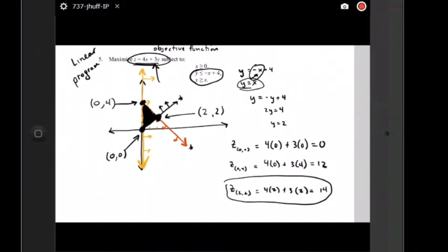It's been a long while since we've done something like that. It won't vary much on an exam. Really, the only thing that may be different would be your starting inequalities. So something to keep in mind, these were already in slope-intercept form, which may make them easier to graph.